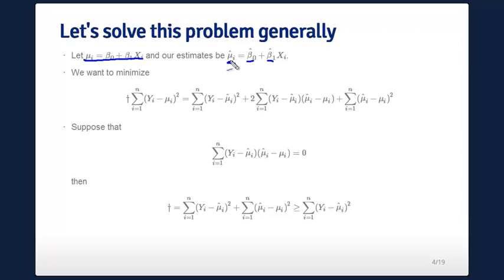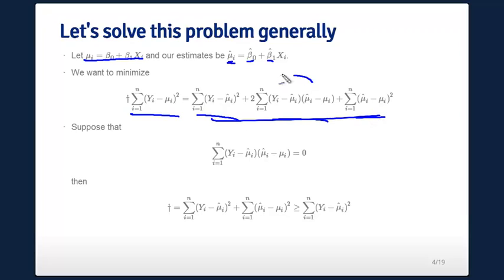We want to minimize the sum of yi minus mu i squared, where I've replaced beta naught plus beta 1 xi from the previous equation with mu i. Why don't we add and subtract a mu i hat, like we did with the mean when we didn't have a regression line and just wanted the mean, and then expand that square, and we get this set of equations right here.